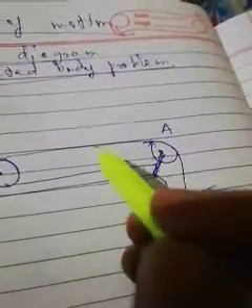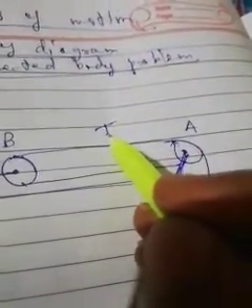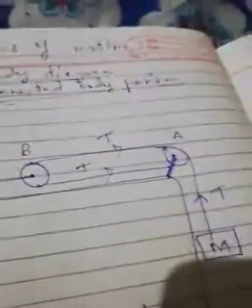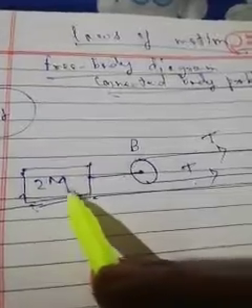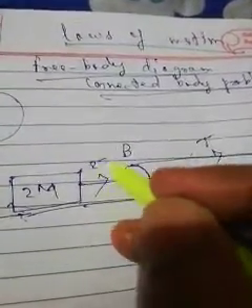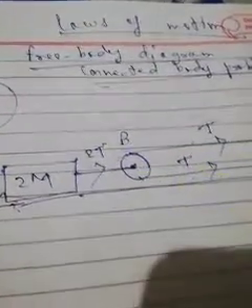This tension will be the same. Here also tension T, and in this string also there will be tension T. Now these two tensions act to pull this body, so tension 2T acts on this part of the string.